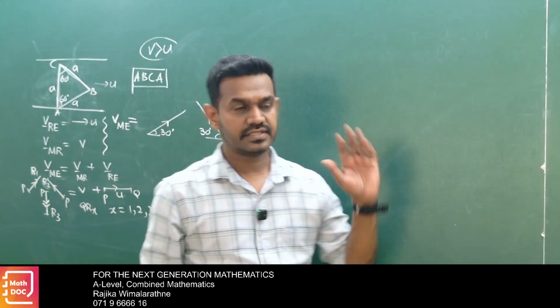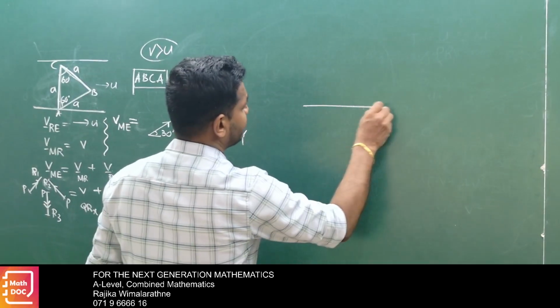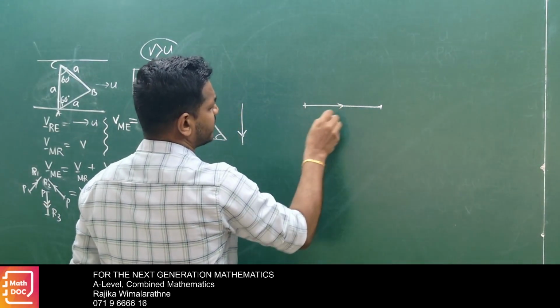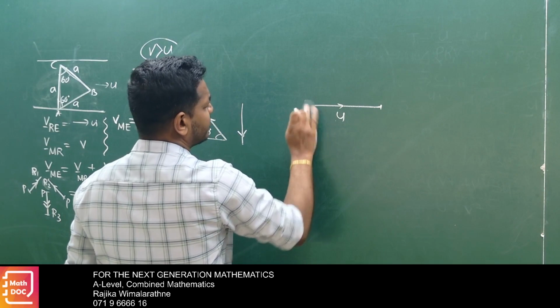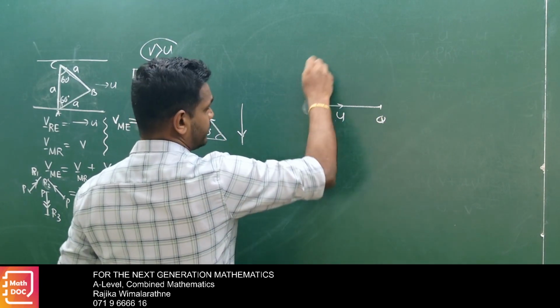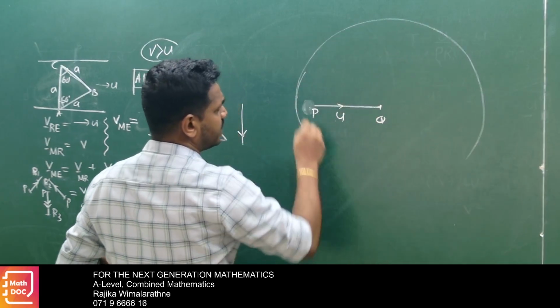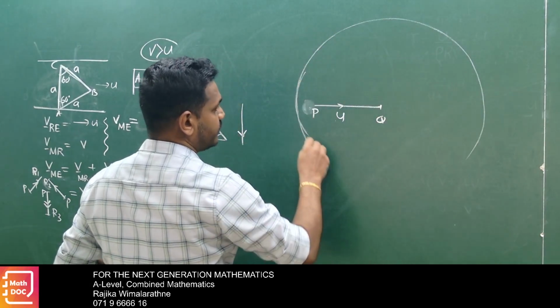Now sketch the circle. First PQ vector U, QR vector V, Q center, V radius.